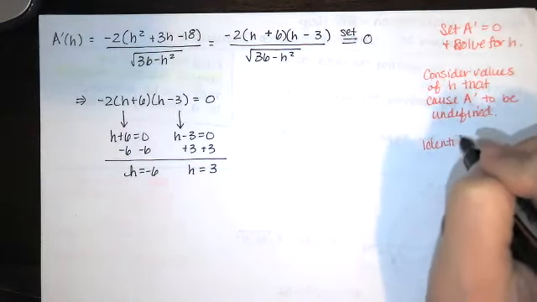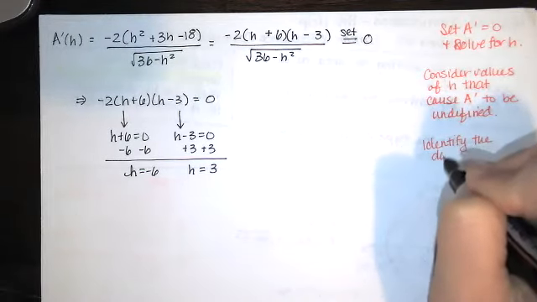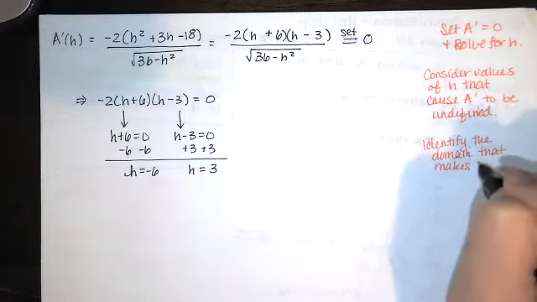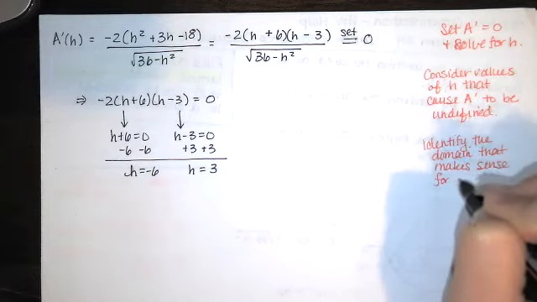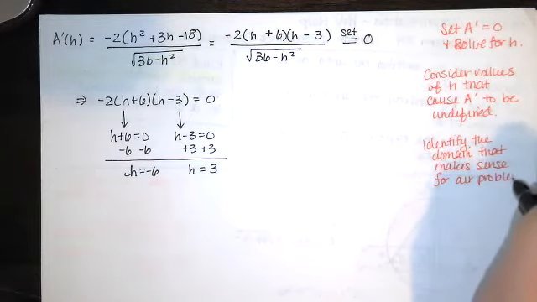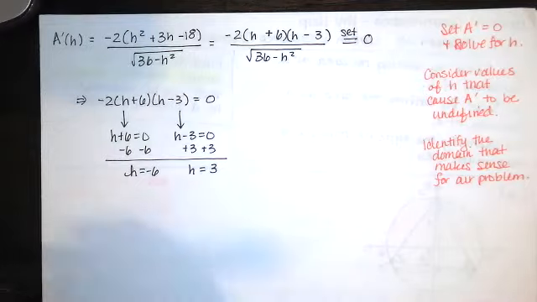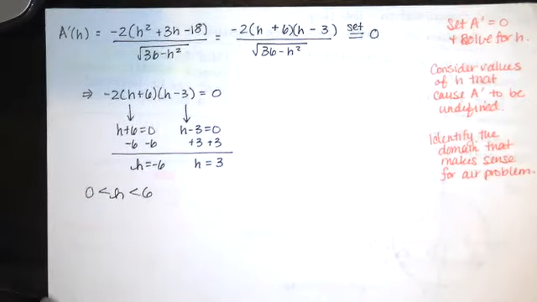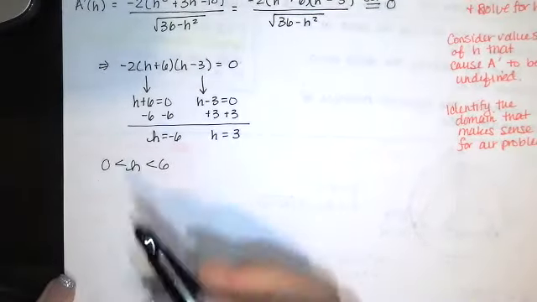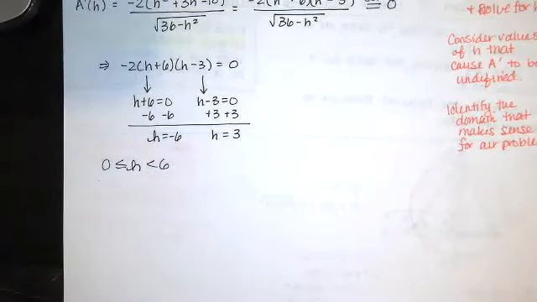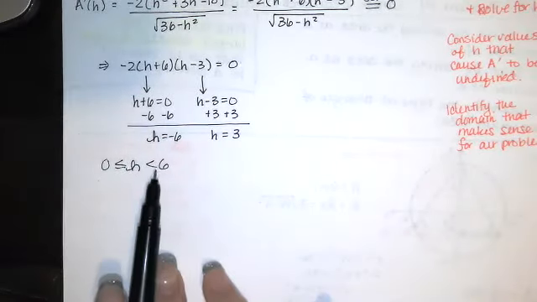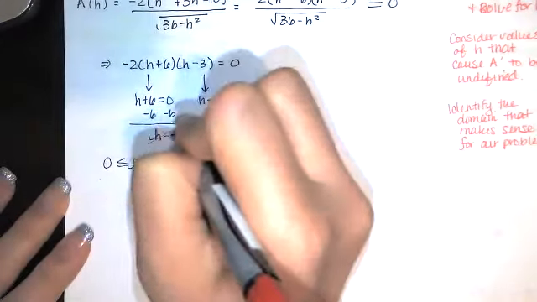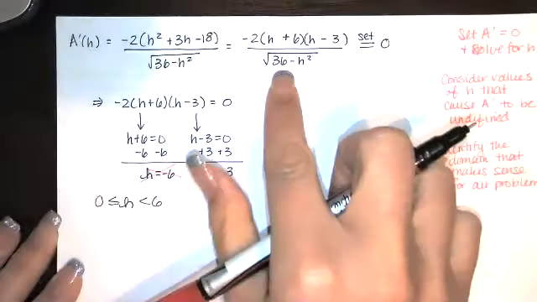So we need to identify the domain that makes sense for our problem. And given the discussion that we just had, looking at our picture, we said that H has to be between 0 and 6. It's possible that H is 0. Probably not, but it's possible. But it definitely can't be 6, and it's not going to be negative 6. So that's out. And this expression is undefined.